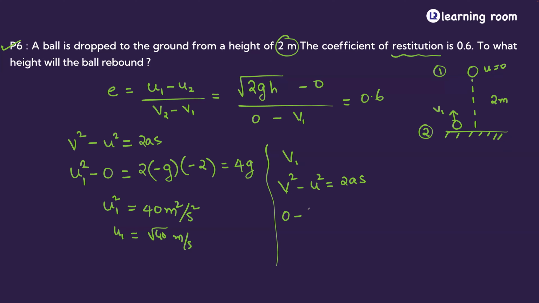So in the place of u, I should substitute v1, is equal to 2 into the acceleration due to gravity, which is minus g, and the displacement is what you need to find, which is going to be h, right? So from here you will get v1 square is equal to 2gh. So this clearly tells you, for you to find the value of h, you need not calculate v1, rather calculate v1 square itself.